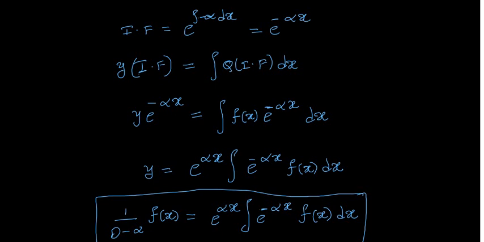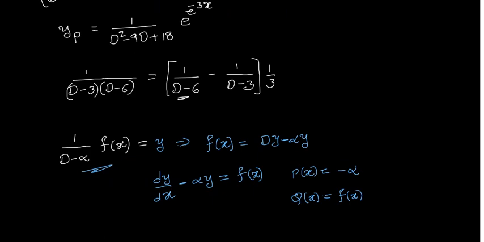So first of all, I'll see what is 1 by d minus 3 acting on e power minus 3x. So this is nothing but, as per the formula, e power alpha x, where alpha is 3.